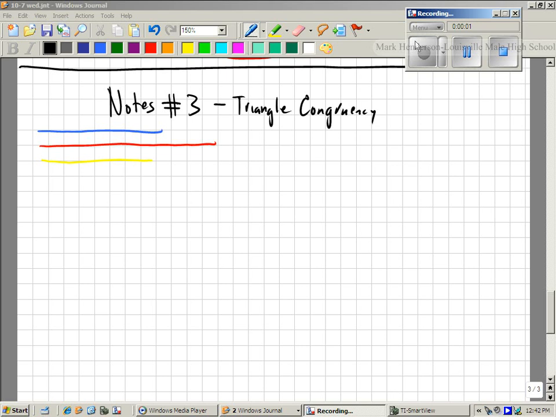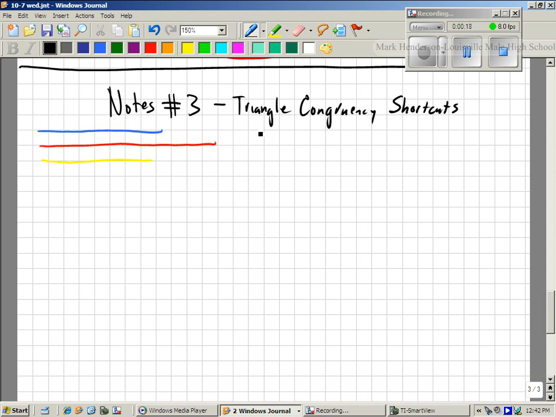We're talking about today is triangle congruency shortcuts. We're only going to talk about two of them today, and one that is definitely not.